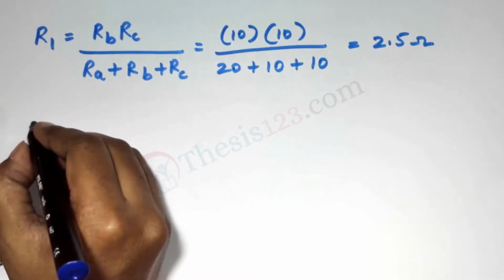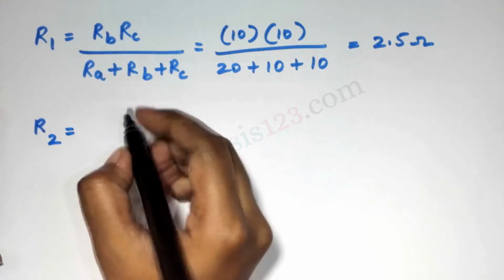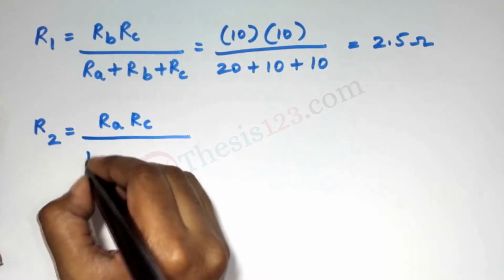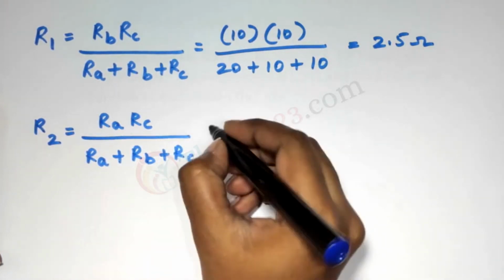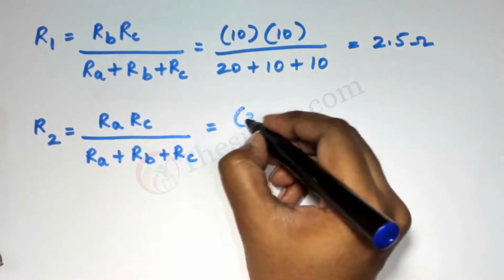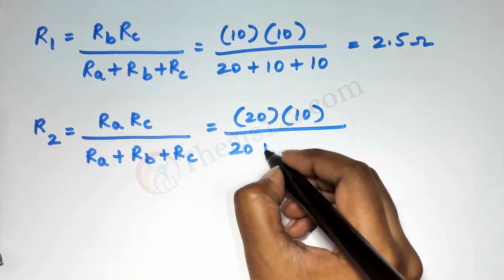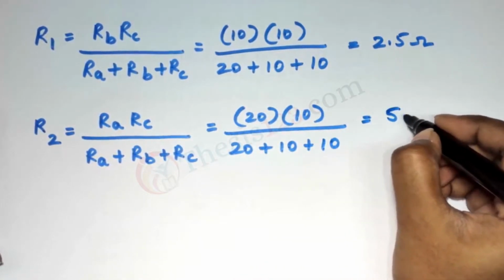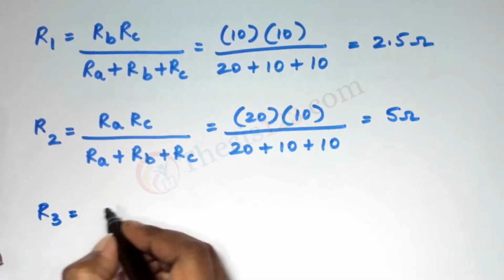Now let's find out the value of R2. Similarly, the formula for R2 would be RA RC divided by RA plus RB plus RC. Let's substitute the values. That's 20 times 10 divided by 20 plus 10 plus 10. And this gives us a value of 5 ohms. Next, R3.